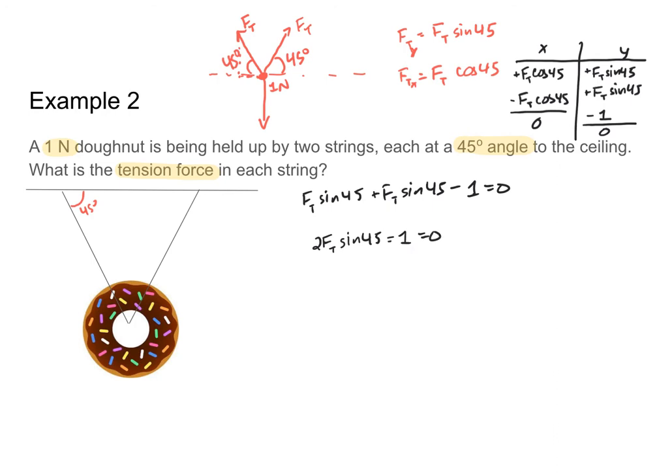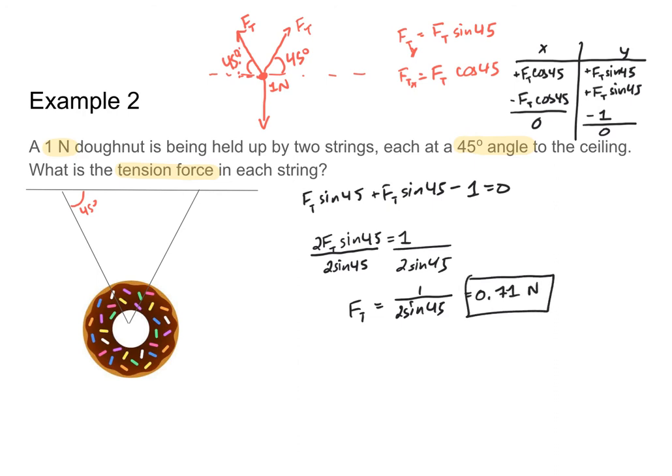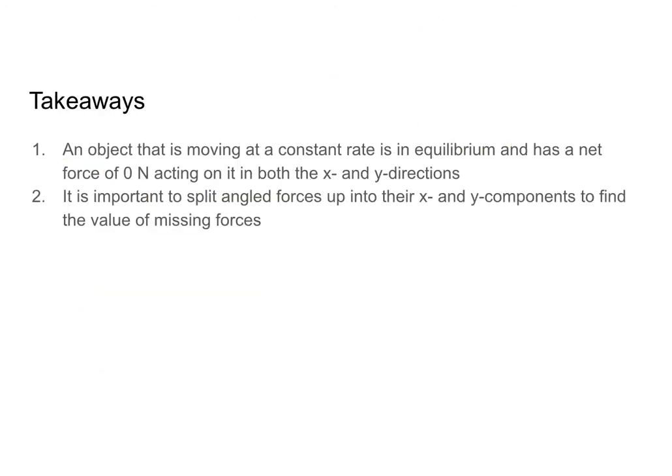Thus, 2 times Ft sine 45 is equal to 1. And dividing both sides by 2 times the sine of 45, I get that Ft is equal to 1 over 2 sine 45, or 0.71 newtons. And there we go. That is the tension force in each of my two strings.